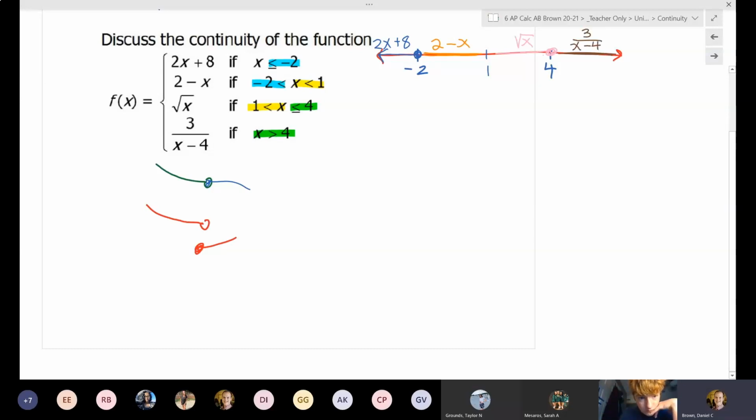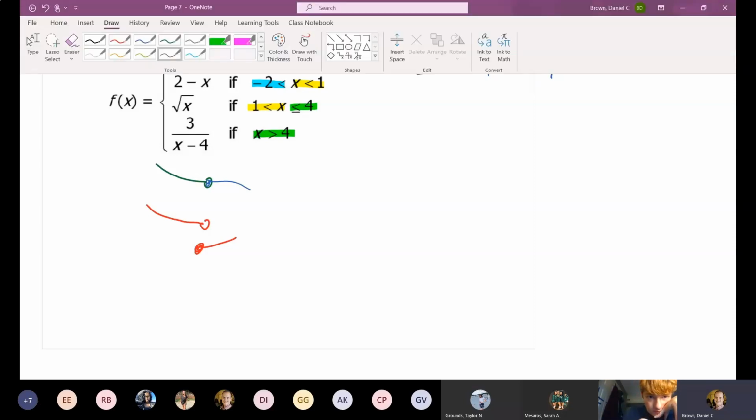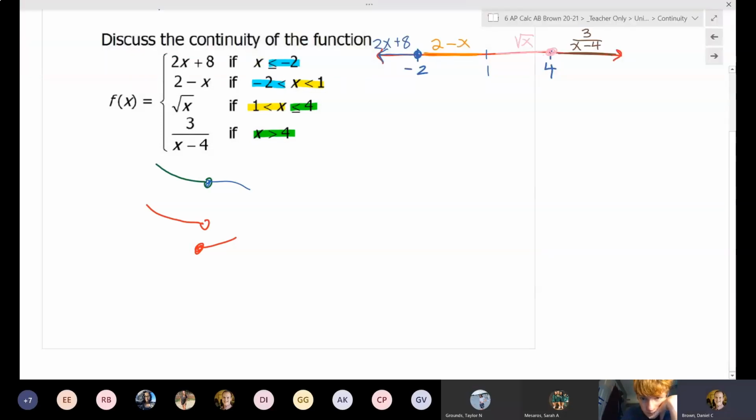So I want to basically find the value on the left and right-hand side of each of these graphs. So when I'm looking at the values, we basically want to plug it in. So here's my work for it. Let me grab a different color. On the left-hand side of -2, I'm using 2x plus 8.